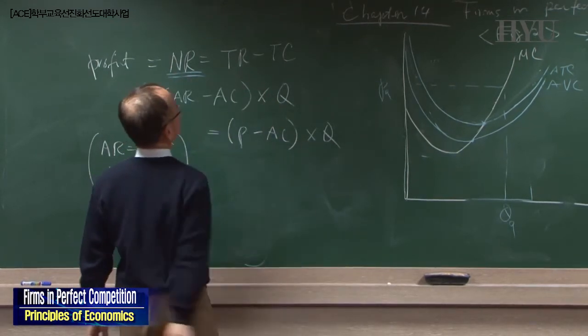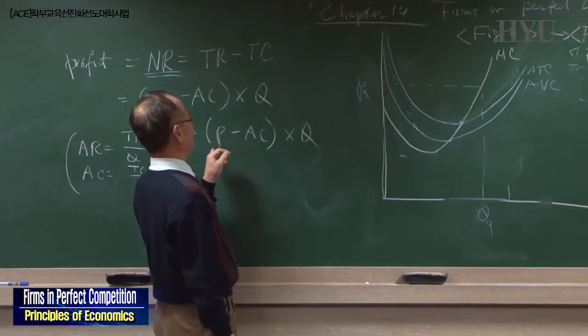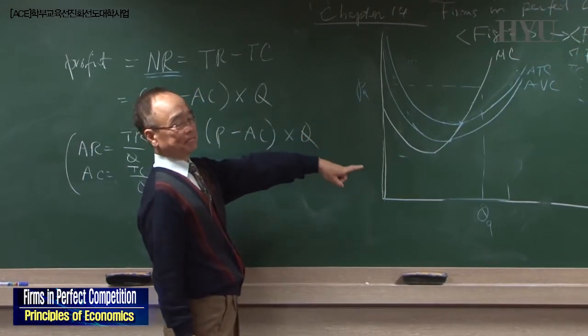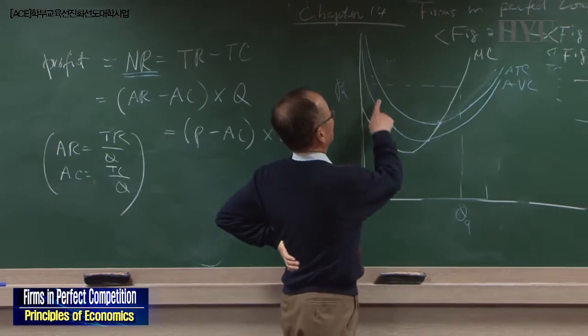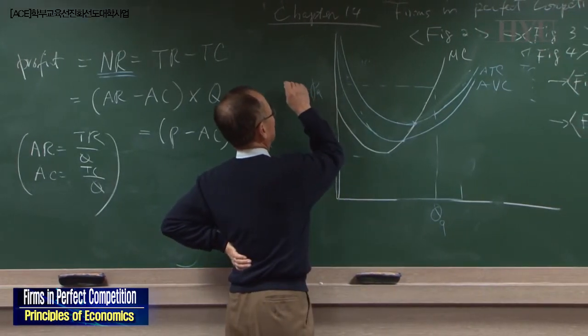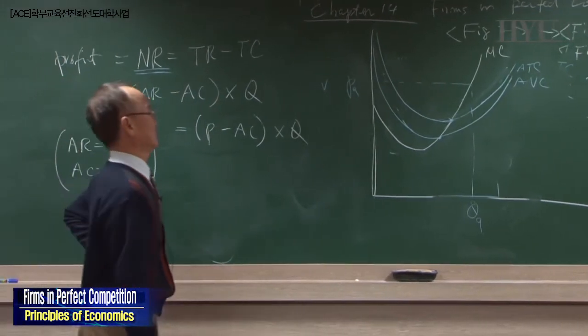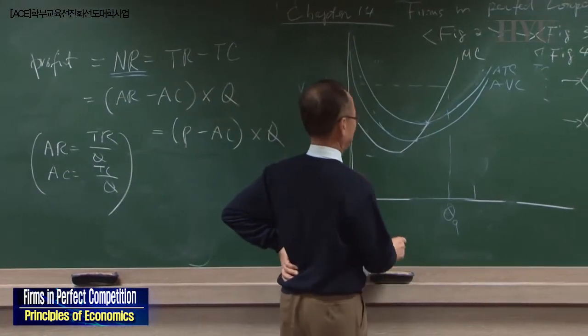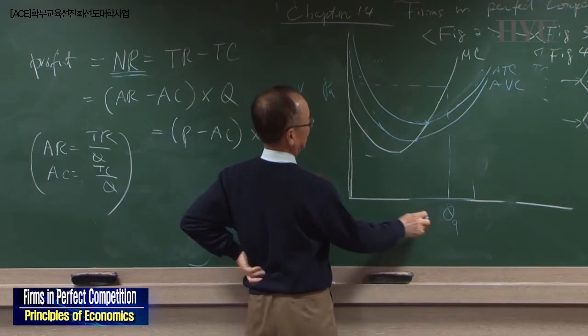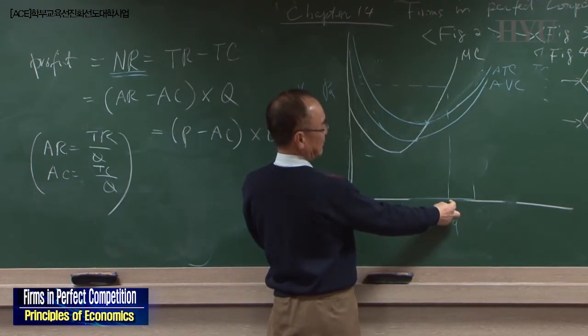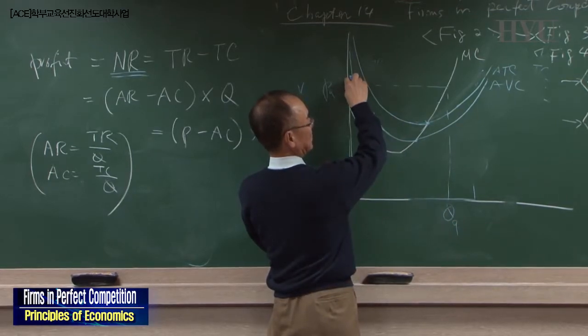So let's calculate this from this curve. If the market price is PA, what is our net revenue? Well, it's relatively easy, right? What is it? Our total revenue. Remember, we sell this many.